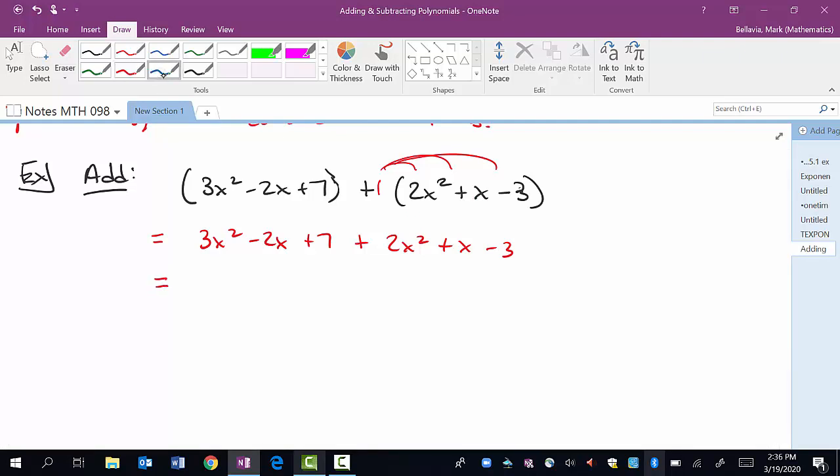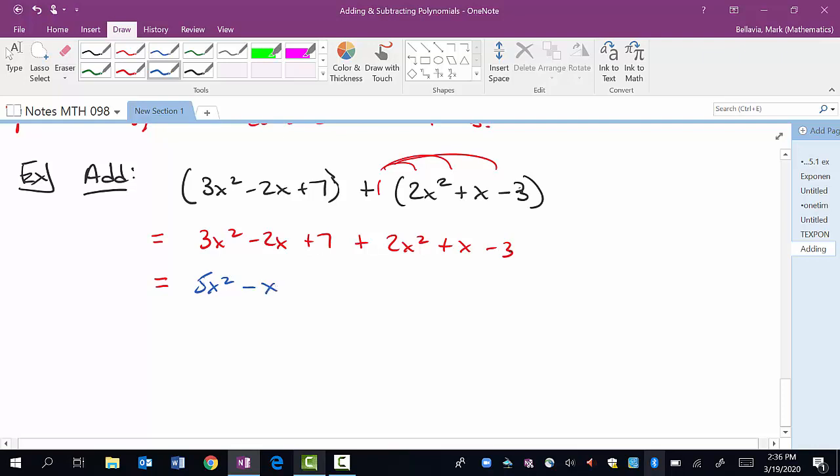All right, once we've removed parentheses, now we'll combine like terms. Remember, like terms are terms that have the same variables with the exact same exponents. We did this earlier. So 3x squared plus 2x squared gives us 5x squared. Negative 2x plus x gives me negative x.